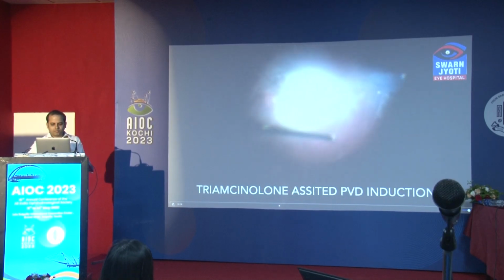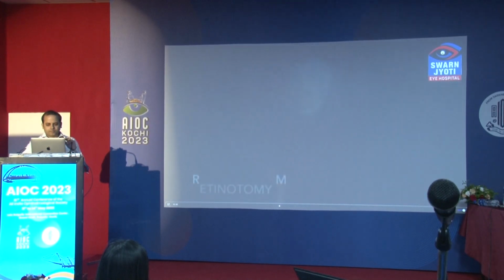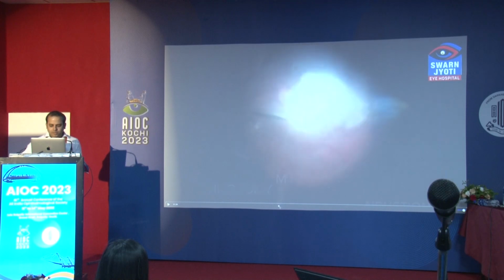After the removal of vitreous, we could see a macular hole that had also developed. So just post the PVD induction, we could see that a large size macular hole had also developed.